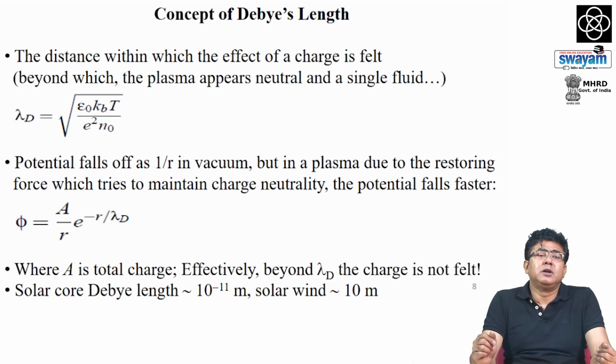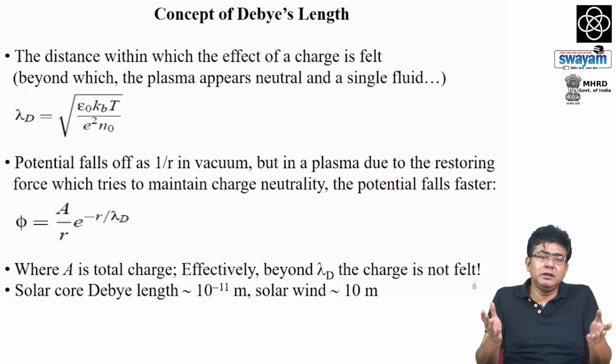Typically, it is an ion around which an electron cloud will conglomerate, right. If I can feel its Coulomb force. Beyond the Debye length, the charge at the center of this electron cloud, the ion, is effectively shielded by this electron cloud. So, you do not really feel the presence of this charge beyond that distance.